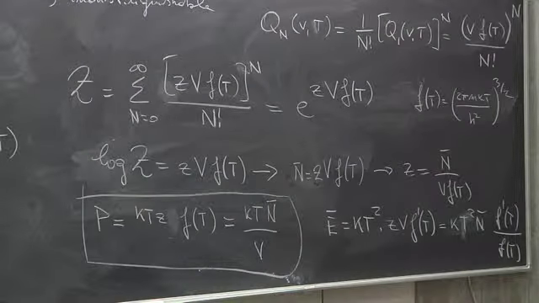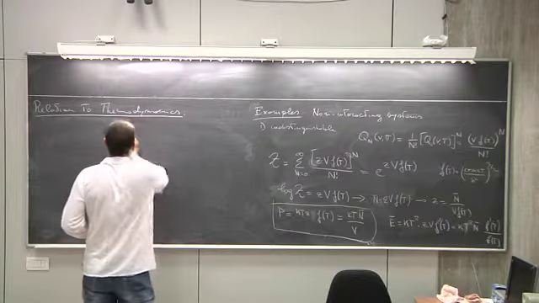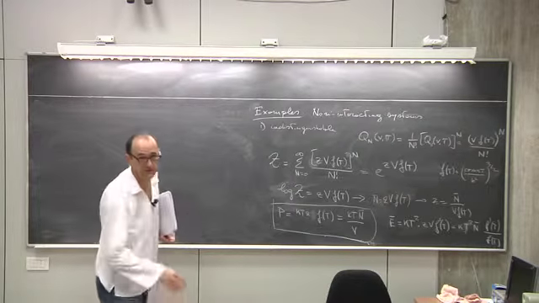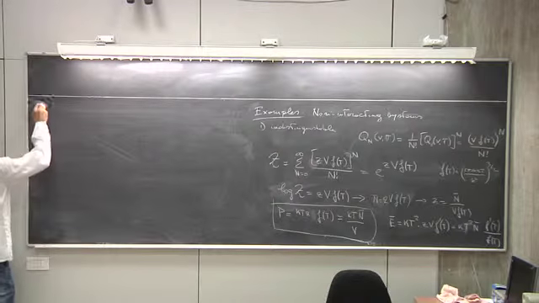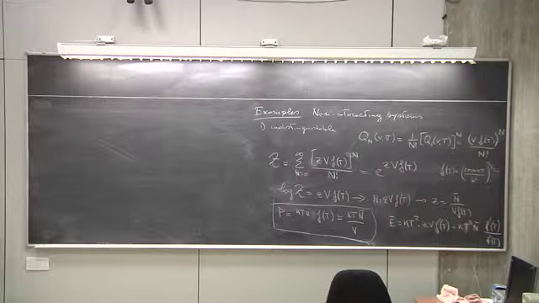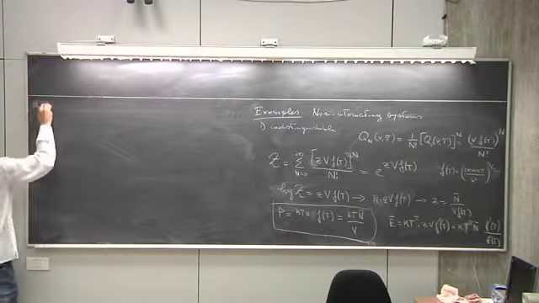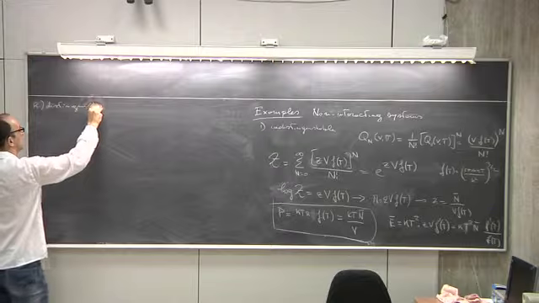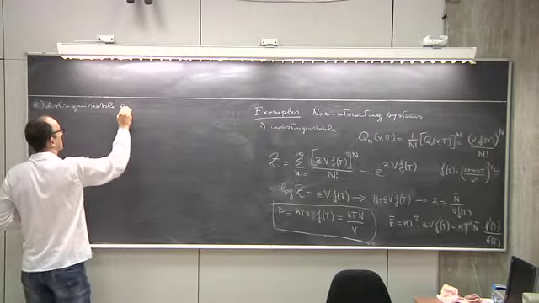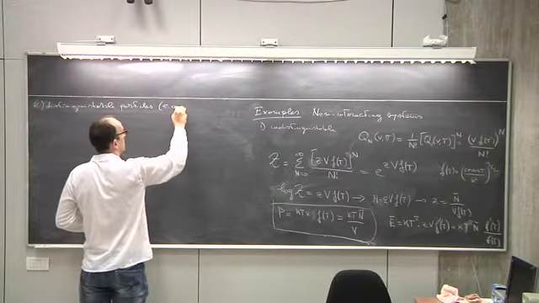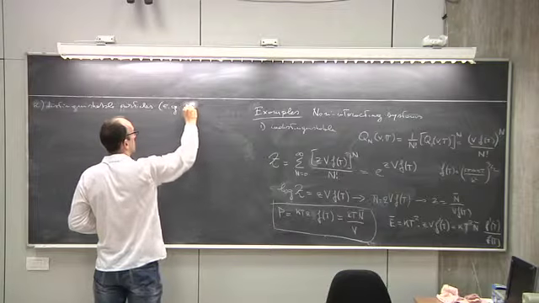Now the second example which I want to discuss is the gas of oscillators, which we have discussed. So this is a case where instead we have distinguishable particles, for example, the case of N oscillators.